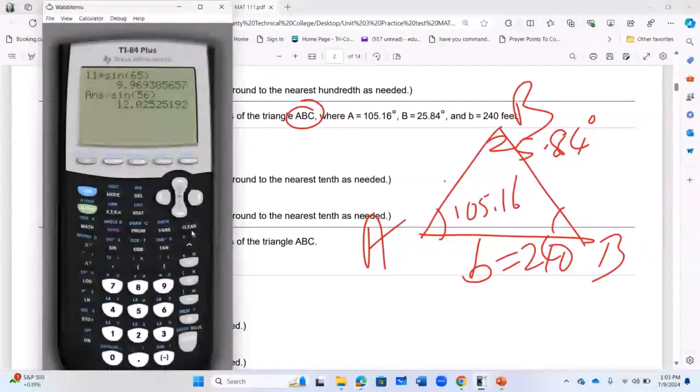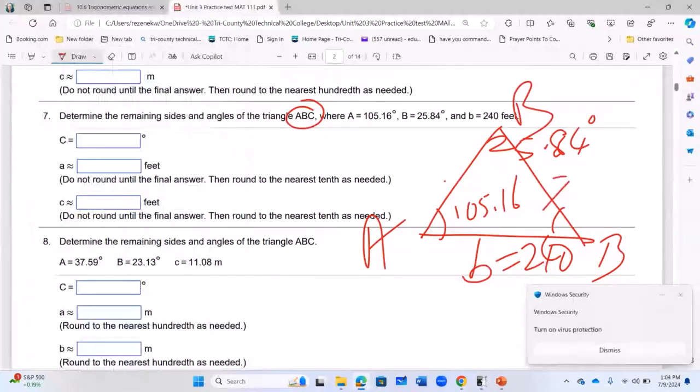So I will just subtract 180 degrees minus 105.16 and minus again 25.84, and then whatever remains is the measure of angle B. So the measure of angle B is 49.